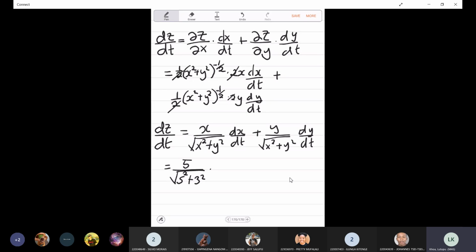So it was increasing at 2 centimeters per second, and then y here is 3. Divide this by the square root of 5 squared plus 3 squared, and then multiply by dy dt, which is negative 3. So this you just do on your calculator, and I got the square root of 34 over 34, which is 0.171, and this is in centimeters per second.